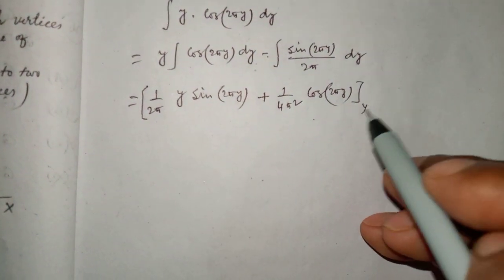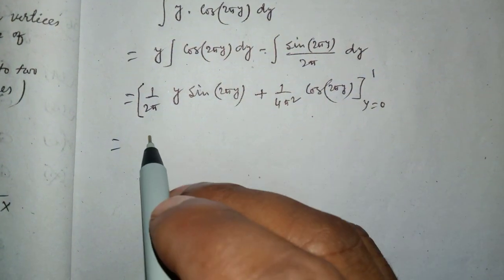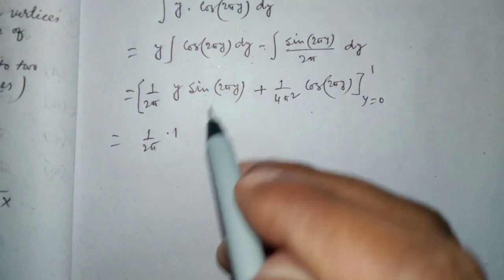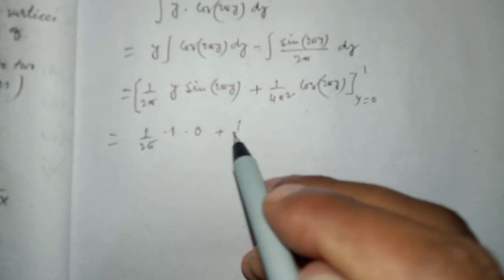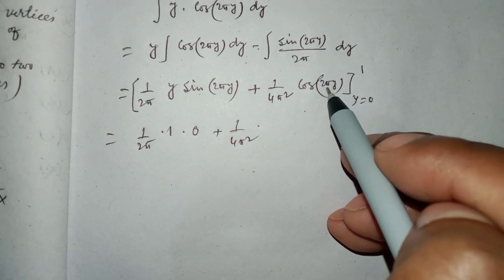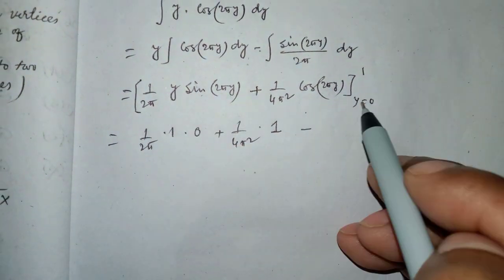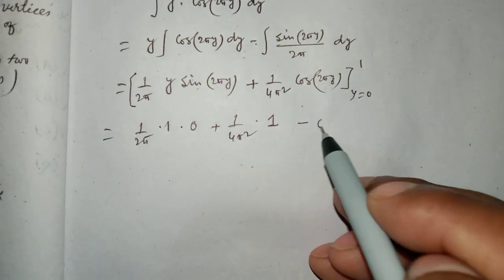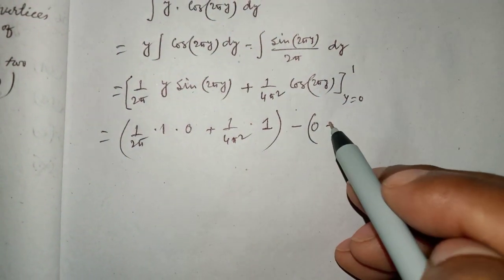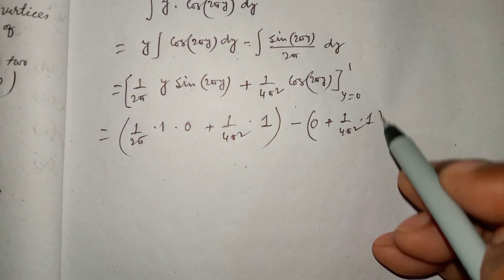If we put the limit y from 0 to 1, at y equal to 1 sin 2π is 0 and cos 2π is 1, giving 1 by 4π square, and at y equal to 0 we get 0 plus 1 by 4π square cos 0, which is 1 by 4π square.